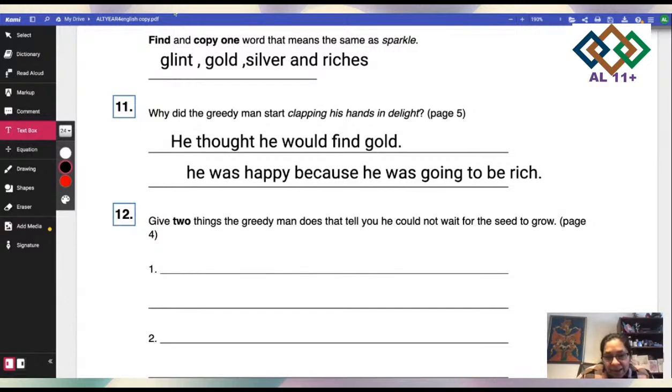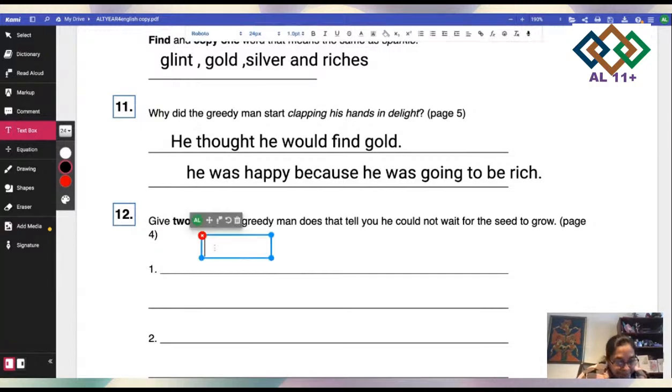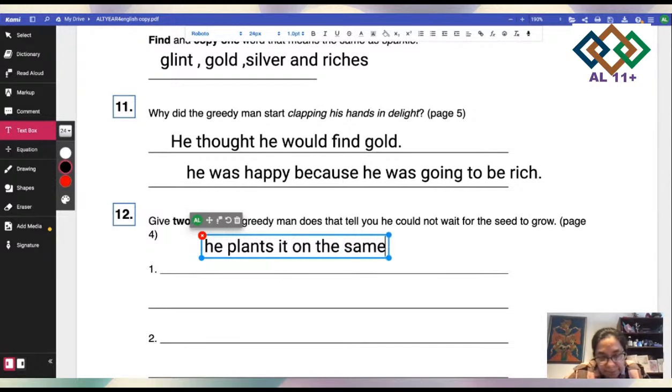Give two things a greedy man does. So the two things the greedy man does, you could say that he plants it on the same day. He didn't even wait another second.